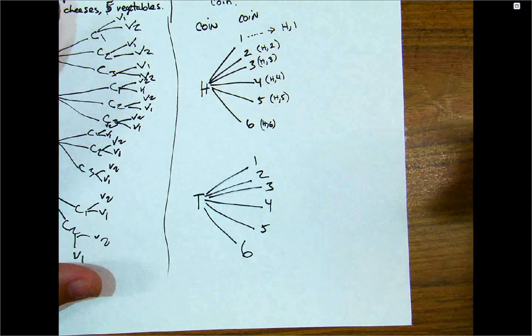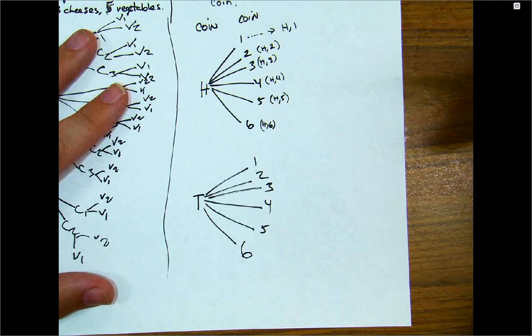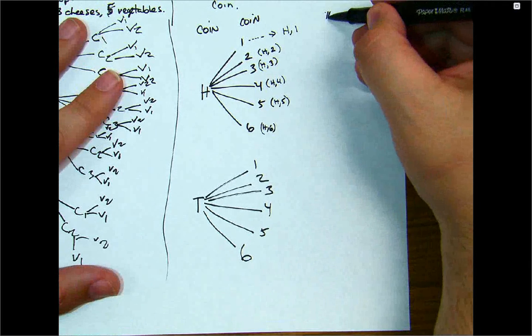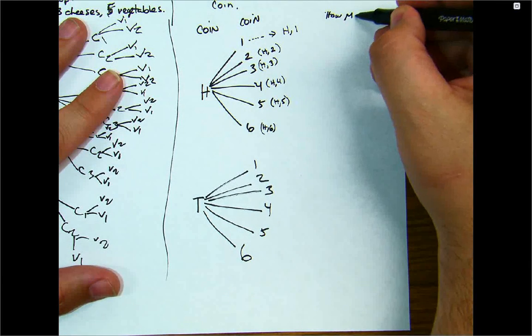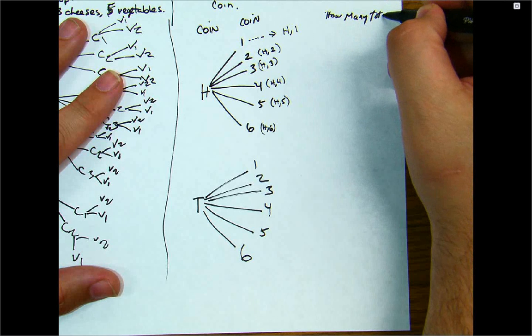Then we can ask a bunch of different questions. For example, how many total outcomes are there?